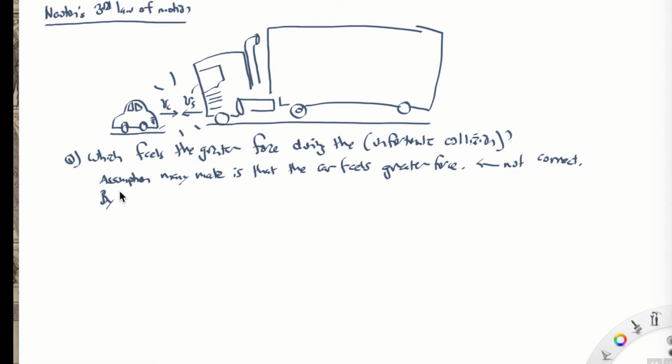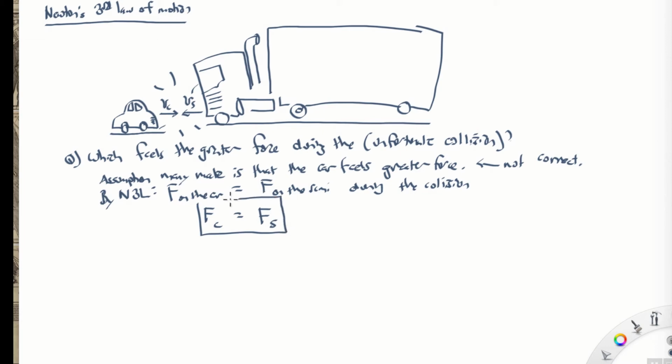So by Newton's third law, the force acting on the car is exactly equal to the force acting on the semi during the collision. Maybe I'll write this as: force acting on the car is equal to the force acting on the semi. This is precisely what Newton's third law is stating.